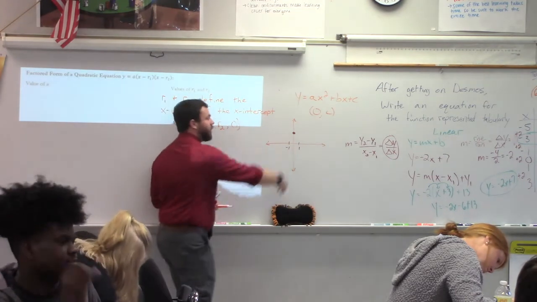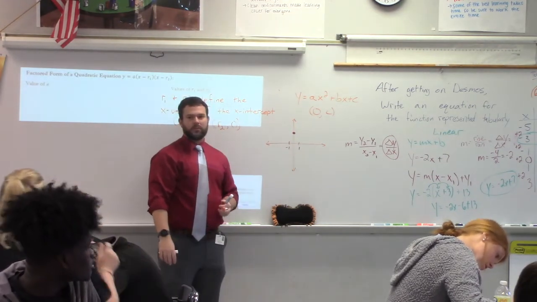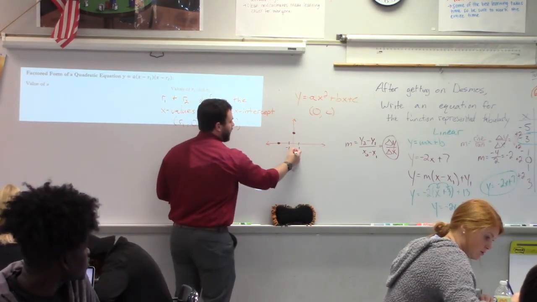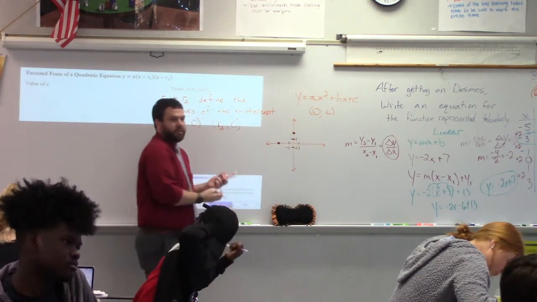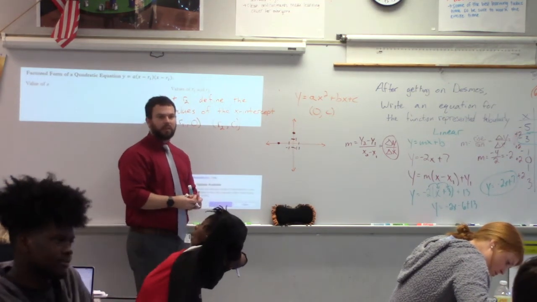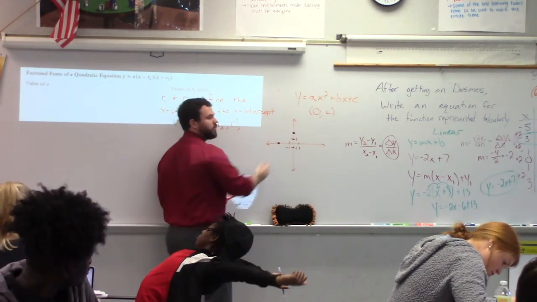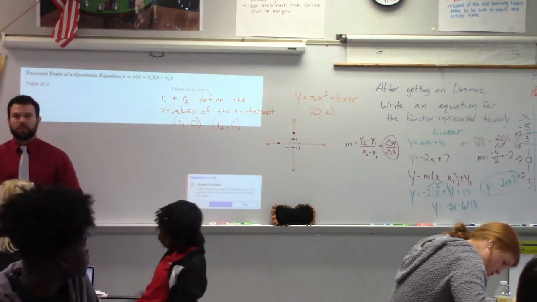So everything on the y-axis has an x value of 0. If I'm looking at a point on the x-axis that's in between the y value of -1 and 1, again, what's in between -1 and 1? 0. So every point on the x-axis has a y value of 0. That's always going to be true.